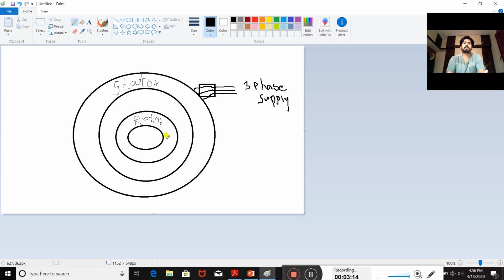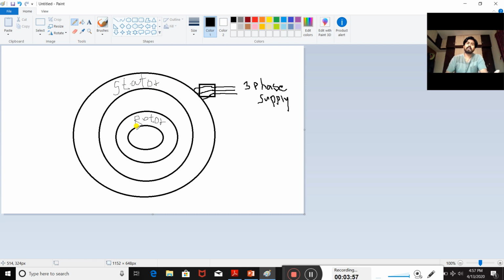That means the rotor conductors are now carrying a current and are placed in the magnetic field, the RMF, around them. So the rotor starts rotating in the same direction as the rotating magnetic field and tries to catch the speed of the RMF, but practically it will never catch the speed of the rotating magnetic field. This is the operation of a three-phase induction motor.